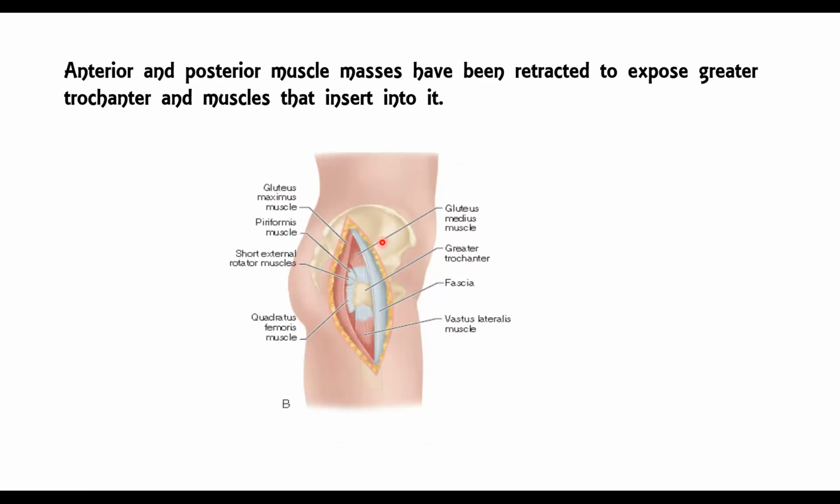So then underlying soft tissue dissection is done. Anterior and posterior muscle masses have been retracted. You all know that from now. Posteriorly we have gluteus maximus, laterally you have vastus lateralis, anteriorly you have fascia, and you can expose the greater trochanter. Okay, this is gluteus medius, the abductor, which is attaching to the greater trochanter.